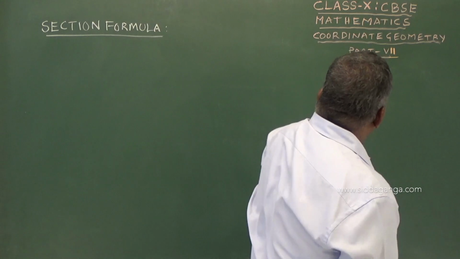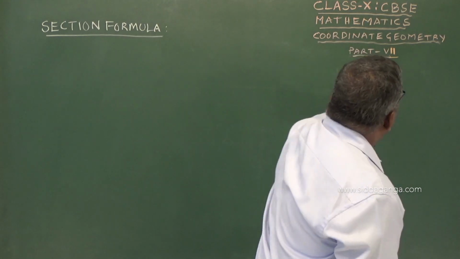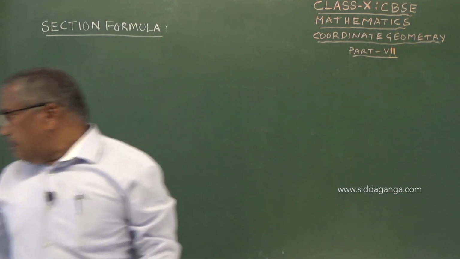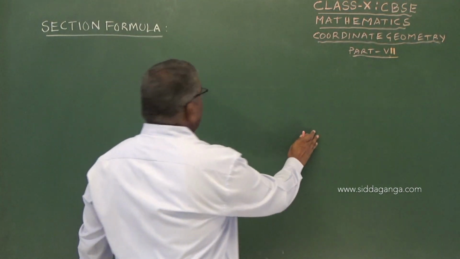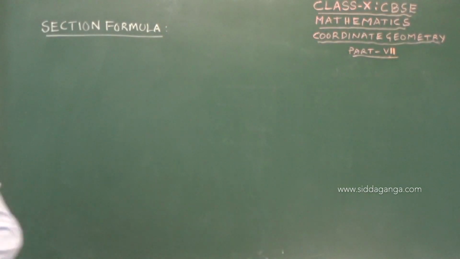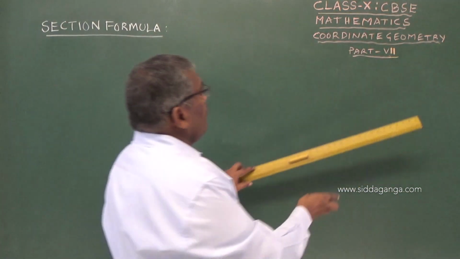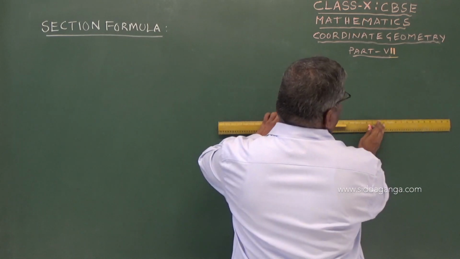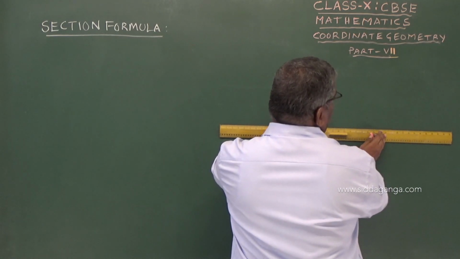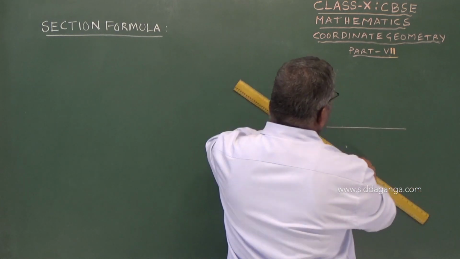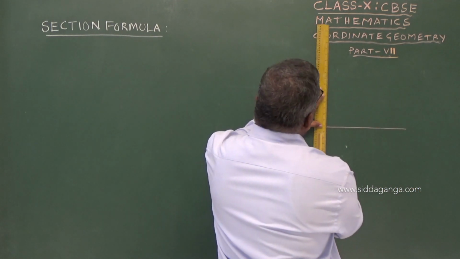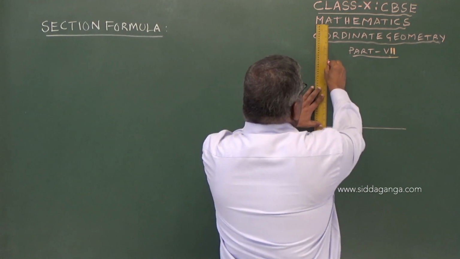find the coordinates of a point which divides a given line. So, you understand here. Suppose you have a straight line AB, I will take it like this.